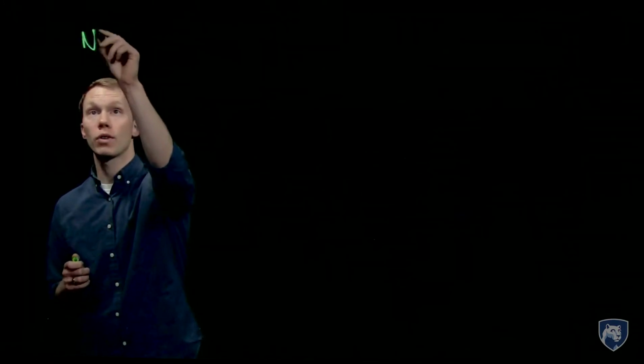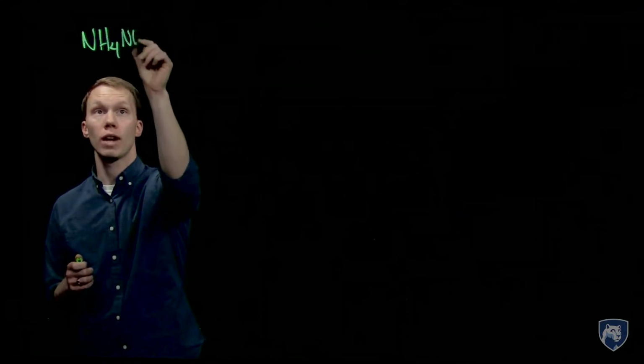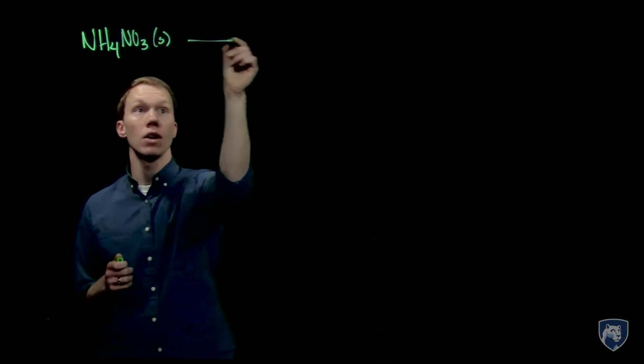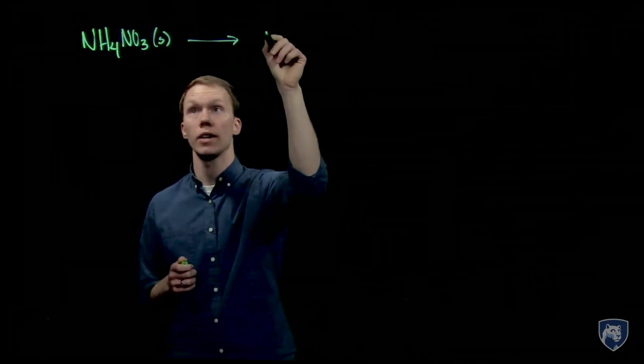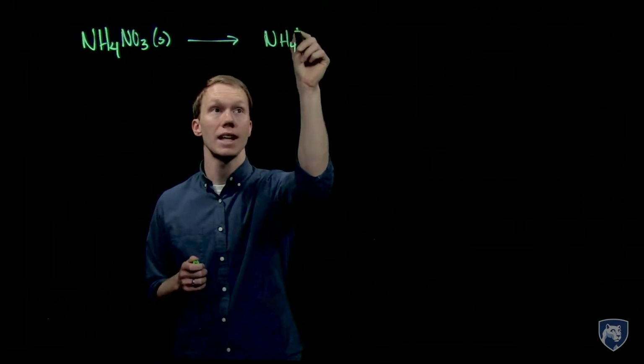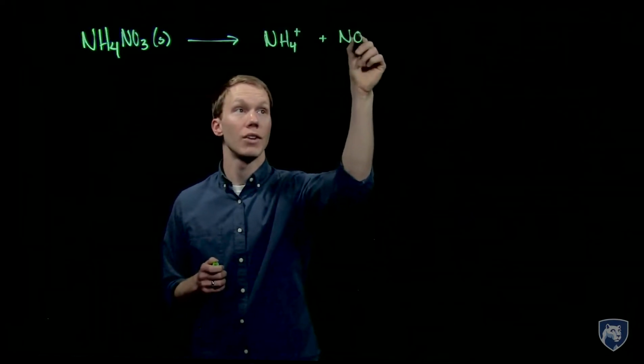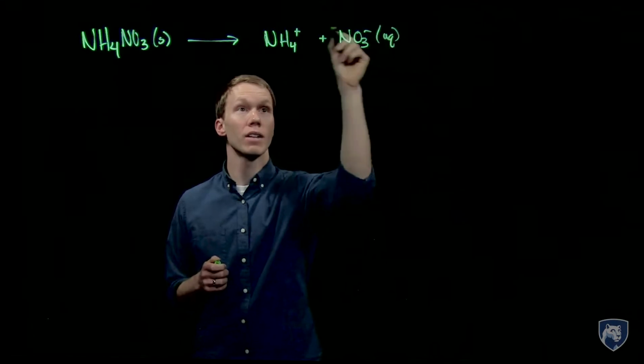So my question is related to ammonium nitrate, and that is the compound used in cold packs, used to ice injuries. And we can define the thermochemical equation here, NH4NO3, as a solid. When it mixes with water, it dissociates to NH4+ and NO3- ions.